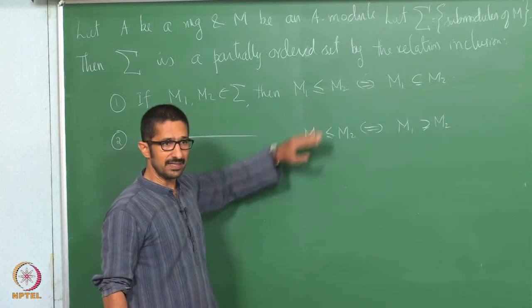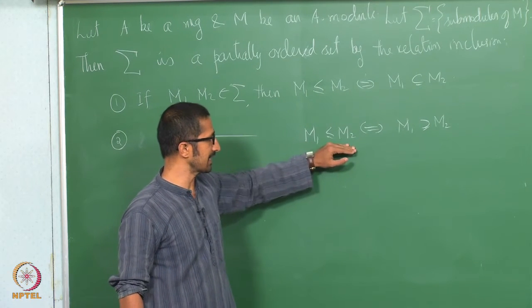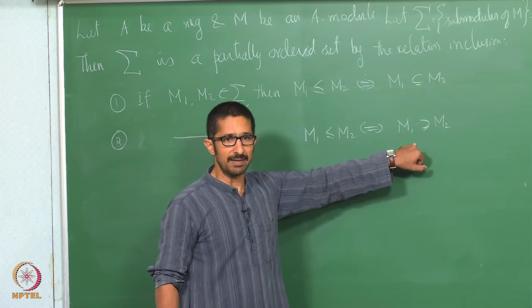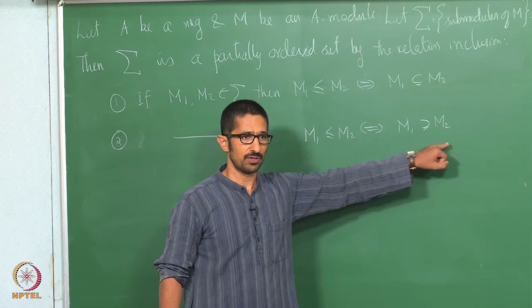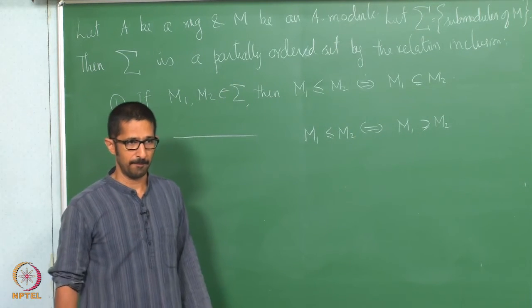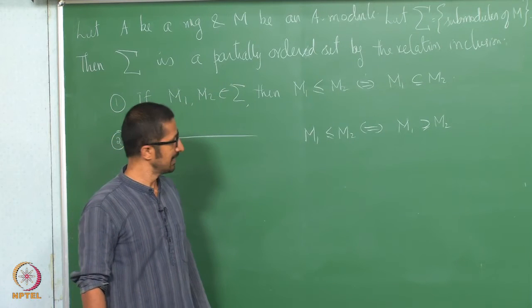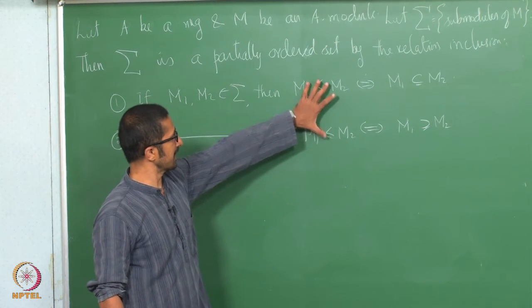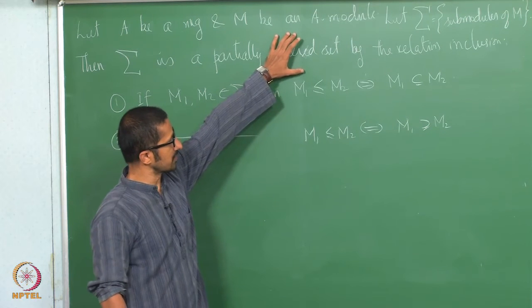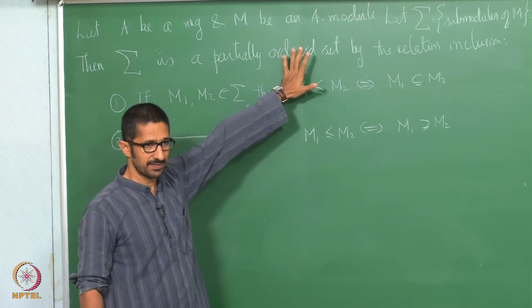Another is M1 is less than or equal to M2 if M1 is a superset of M2, or M2 is a subset of M1. Both of them give a partial order structure to sigma.